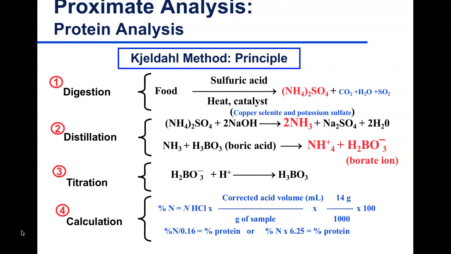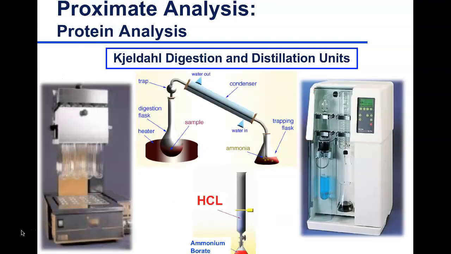So we'll walk through the rest of the calculation in a moment, but first, Pam's slides has some pictures to give you an idea of what this would look like. So this is the heating block where you have your samples with the sulfuric acid in. From there, you would take your digested samples. Like I said, we would neutralize them, and then we would distill them.